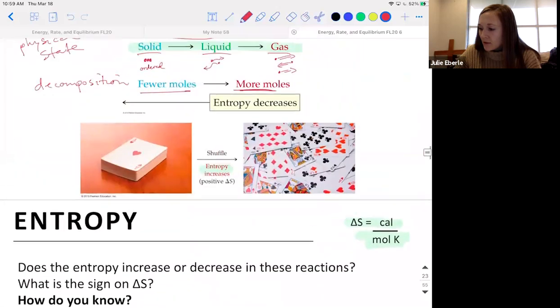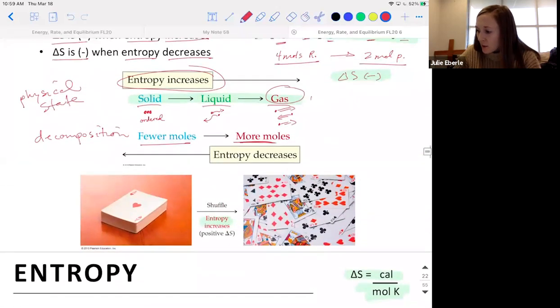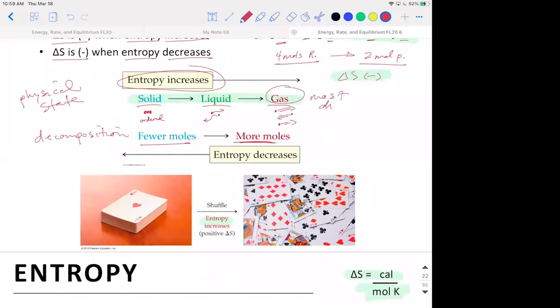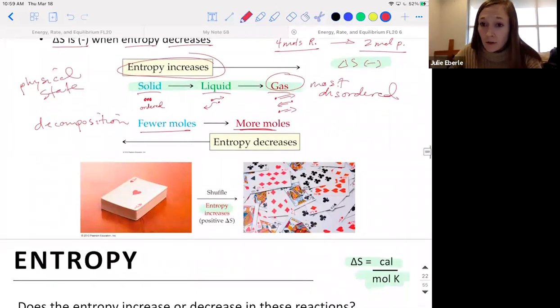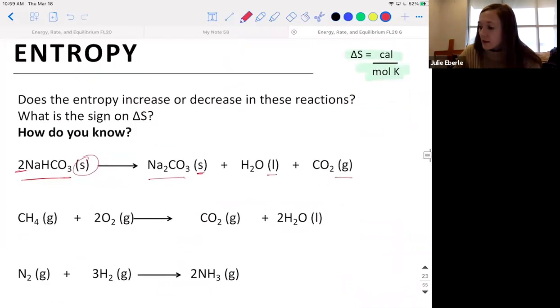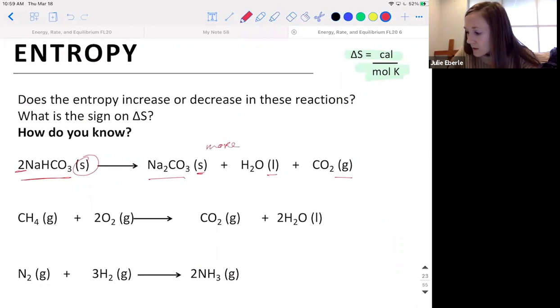If you scroll back up to this figure, we said gases are the most disordered. But liquids are also more disordered than solids. And so inherently, because I'm making things that are gases and liquids here, I'm becoming more disordered on the product side.